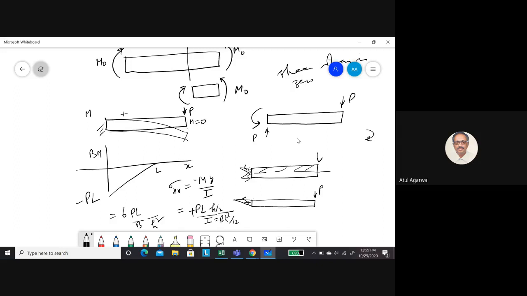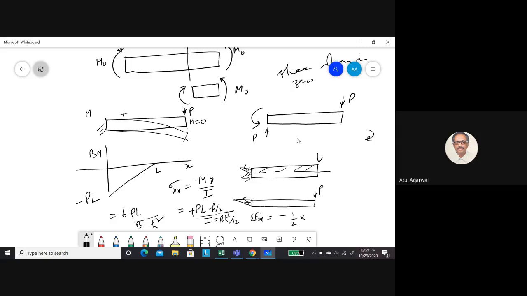Okay. So what is the total force on this face? Total force in the x direction. Number one, it is in the negative x direction. You have to integrate this, you have to find the area of this triangle, minus half.